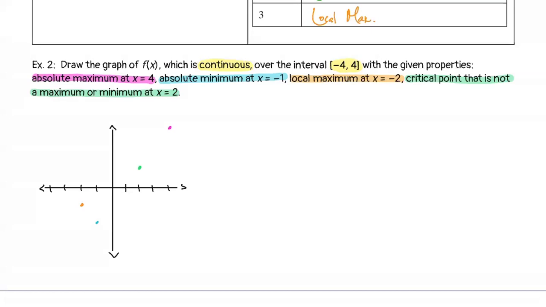I'm just going to start drawing here. I know that this has to be a local maximum, so I'm going to make that orange point the top of a bump. And I know that at x equals -1, nothing can be lower than that. So I'm going to do something like that.